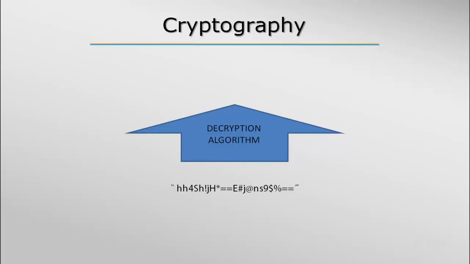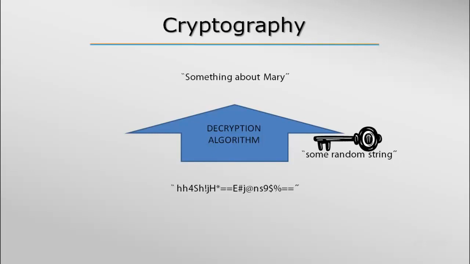But very importantly, he will also need the same key string. The decryption algorithm will be the same as the encryption algorithm, and even if another person might know what algorithm is used, that person will not be able to decrypt correctly without knowing the key string.